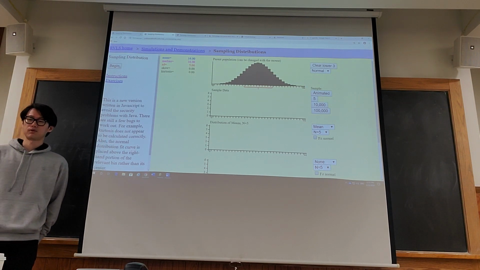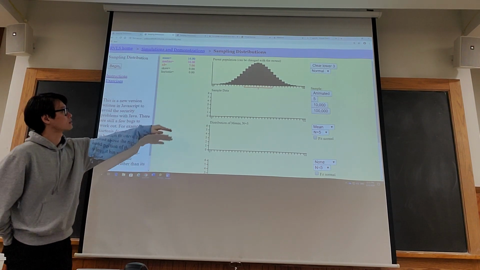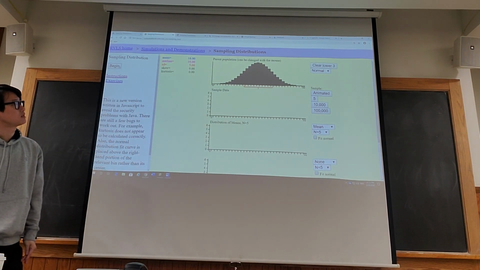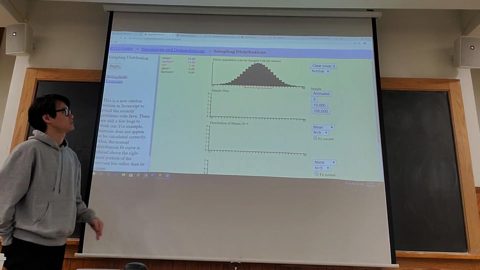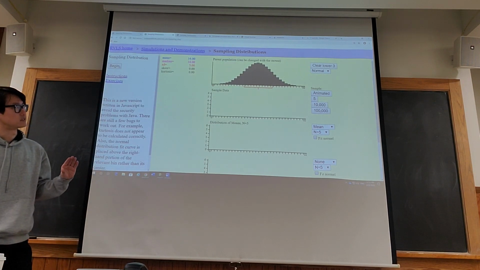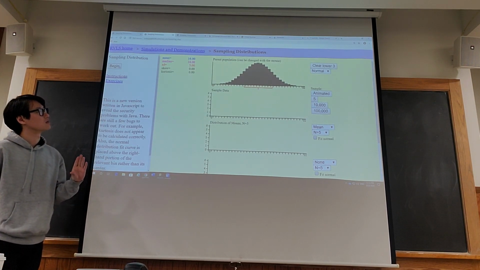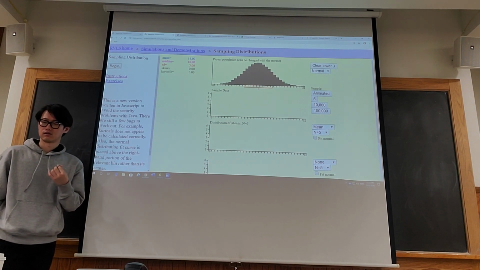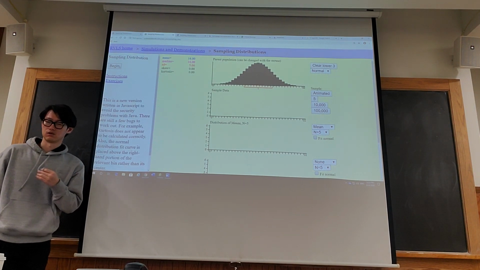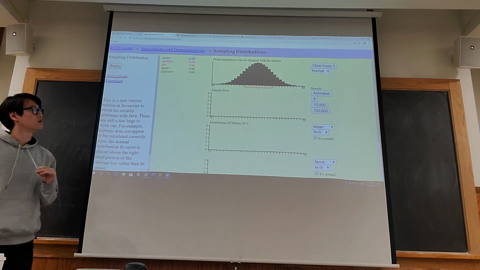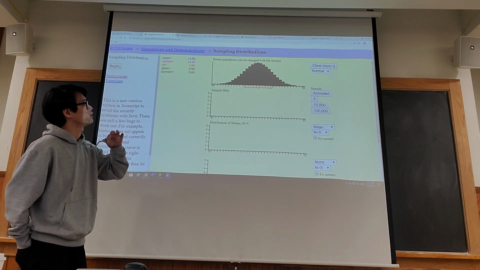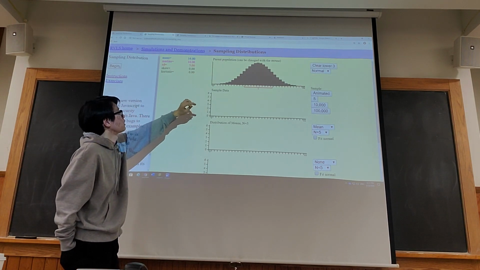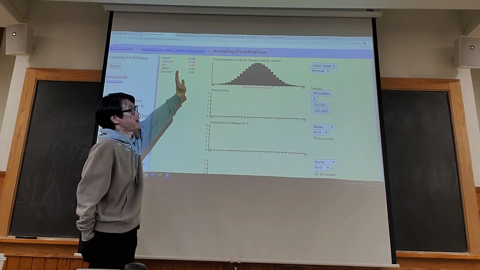We have a population distribution at the top of the website. That black distribution represents our population distribution. Let's say we assume that the heights of the students at U of Iowa follow the normal distribution, with a mean of 16 and a standard deviation of 5.